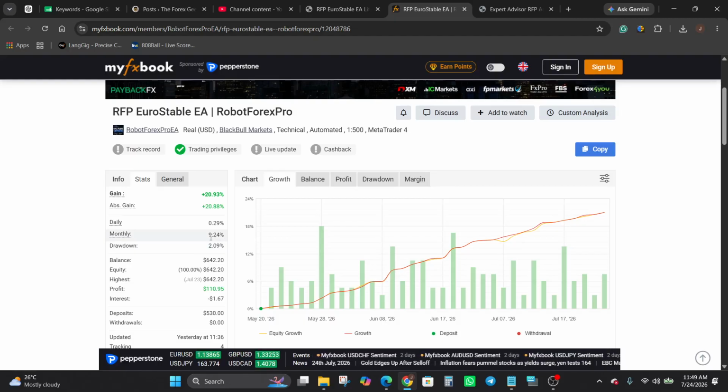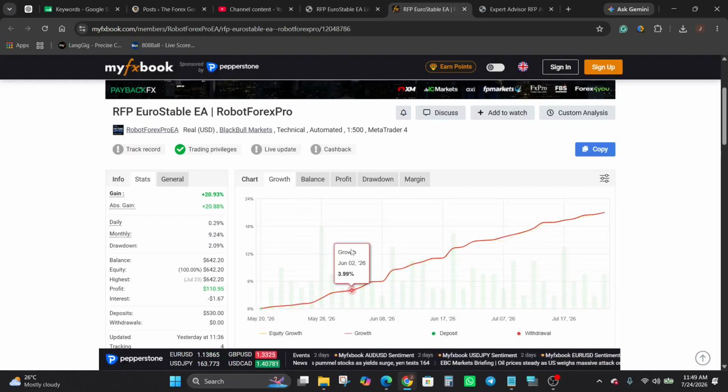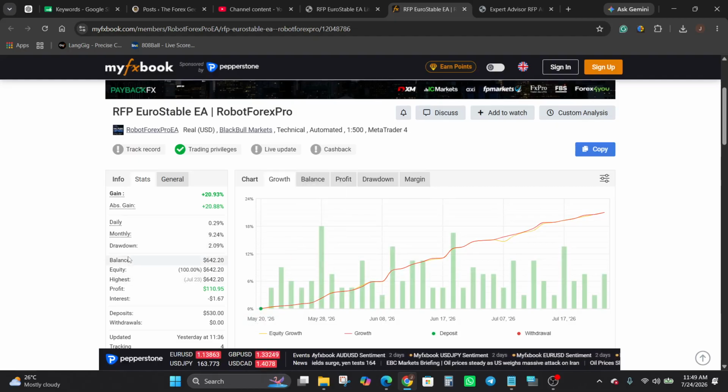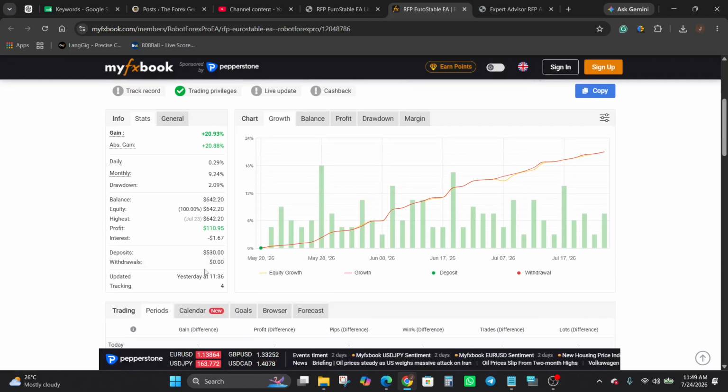That is a much more conservative looking curve compared to the other EAs in this lineup. The balance is $642.2, whereas the deposit was $530.